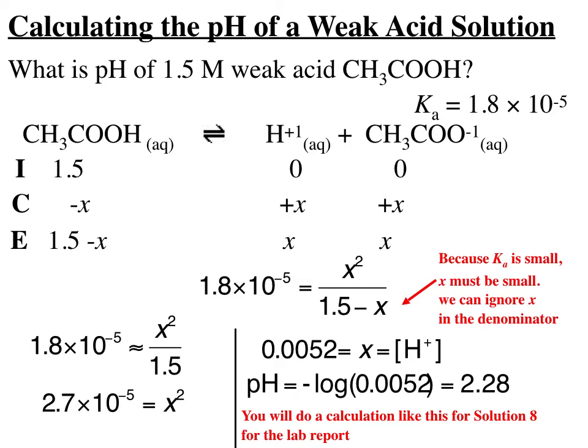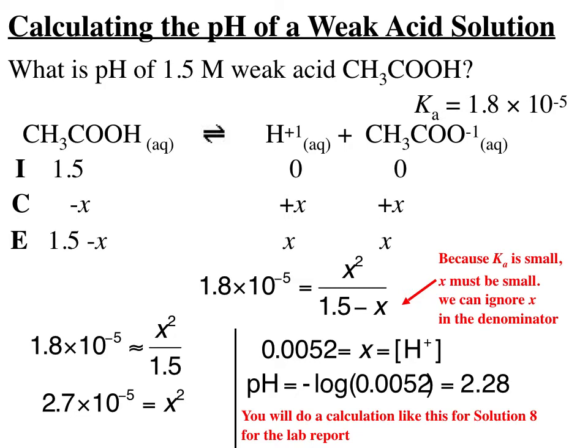When we start, there's going to be a change. This reaction is initially going to flow to the right. So the change is going to be minus X for the reactant and plus X for the products. There's a 1-to-1-to-1 ratio.